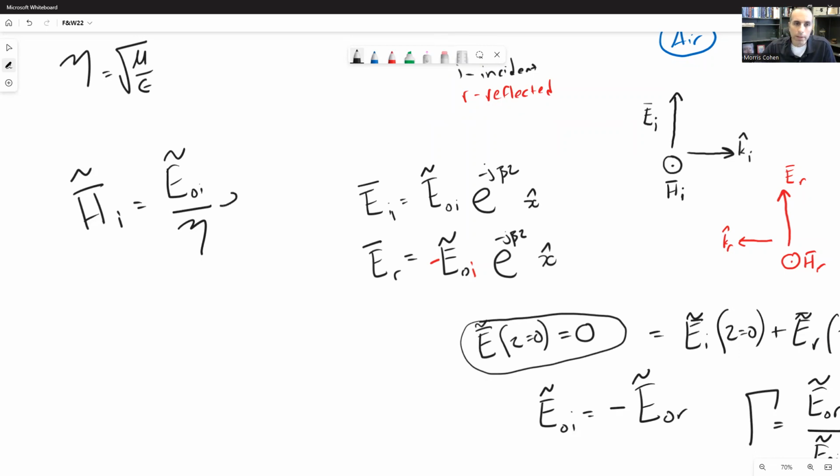And now we're going to write an e to the minus j beta z, since it's propagating in the positive direction. Now let's think about the direction here. We need to have E cross H equal to the positive z direction, since this is propagating in positive z. So this has to be pointed in the y direction. All right, so that's the incident magnetic field. Now let's take a look at the reflected electric field.